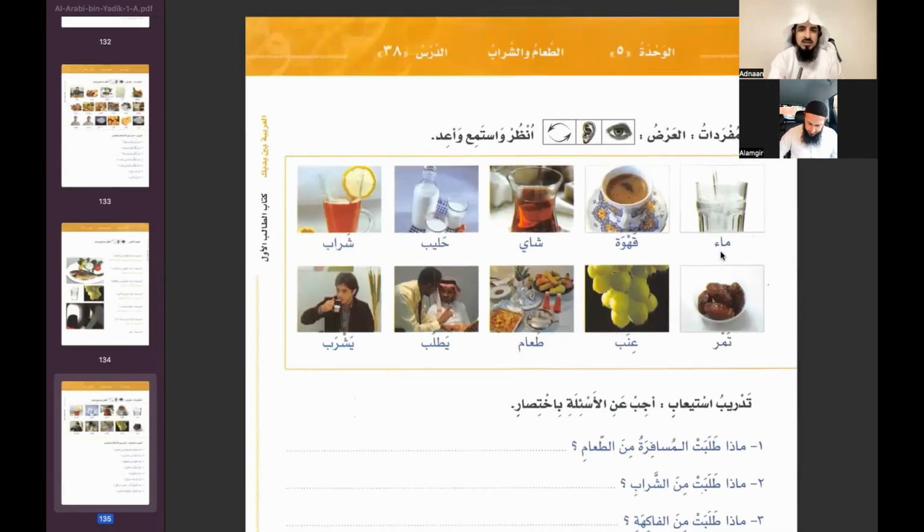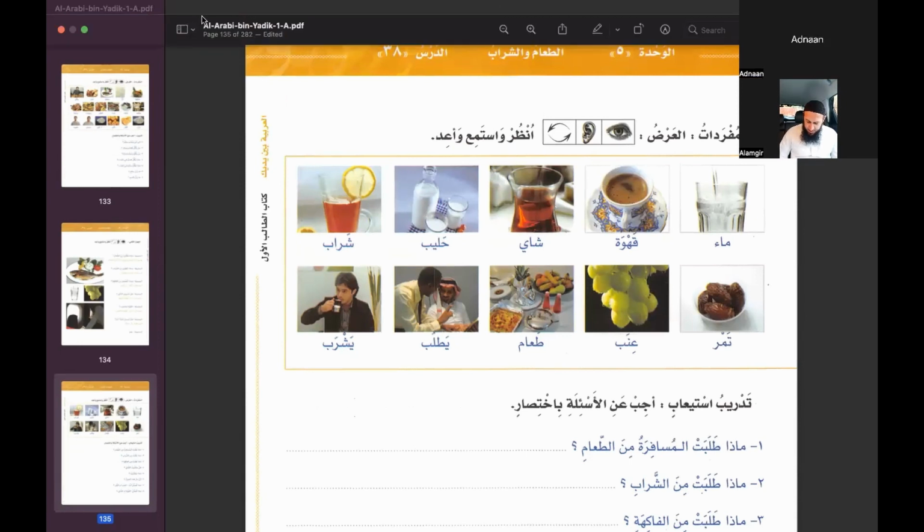Let's see the vocab and then we go back. Read the words, translate. Ma' is water. Chai is tea. Qahwa is coffee. Haleeb is milk. Sharab is a drink. Tamr is dates, with a sukun on the meem. Inab is grapes. Ta'am is food. Yatlub is to order, a verb. Yashrab is to drink, a verb.